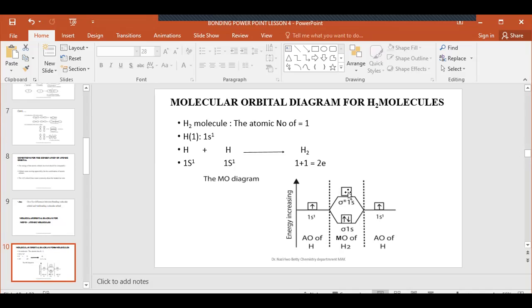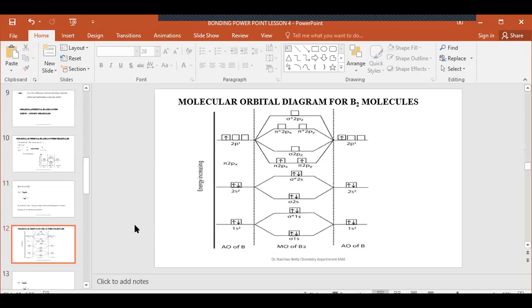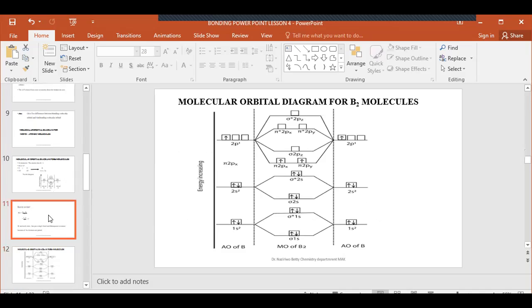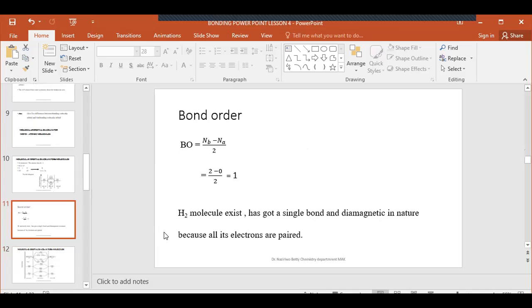So 2 minus 0, the answer is 2. Divided by 2, we get 1. Therefore, hydrogen exists and it has a single bond, and it is diamagnetic in nature.